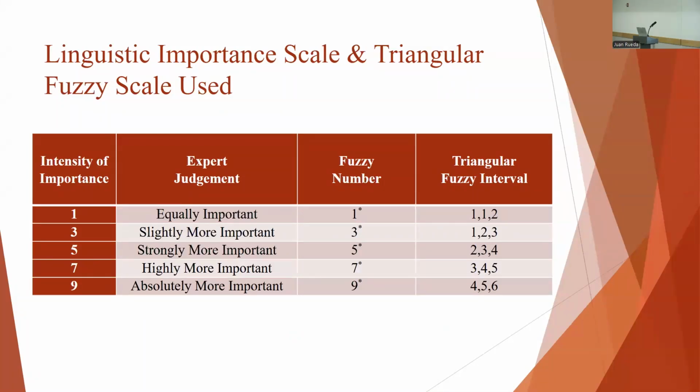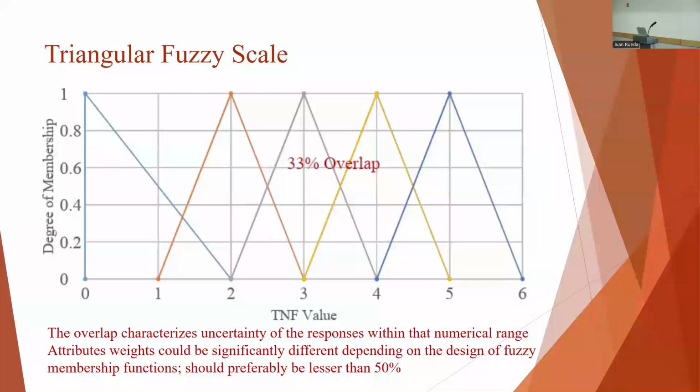And then here's our triangular fuzzy interval. You can use triangular, you can use trapezoidal, you can use Gaussian, whatever. You just have to come up with some kind of fuzzy intervals that then, based on the preference of the expert, we can convert that data into an overall judgment and a weight.